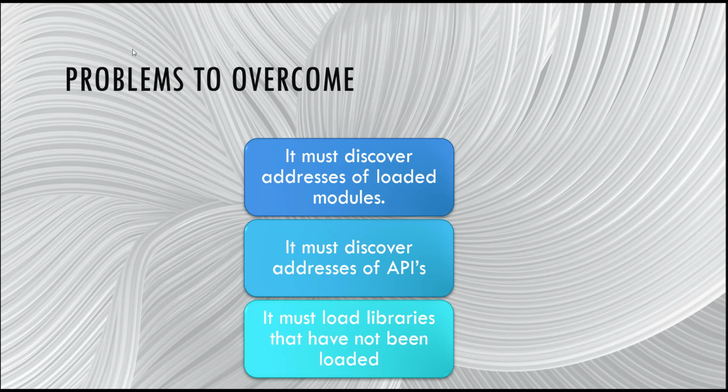That's our starting point. If we don't have that, then we cannot progress forward. We cannot get the addresses of APIs. If we can't get the addresses of APIs, then we can't use them. If we can't use the addresses of APIs, then we really can't do anything with shellcoding. So both of these are extremely important.